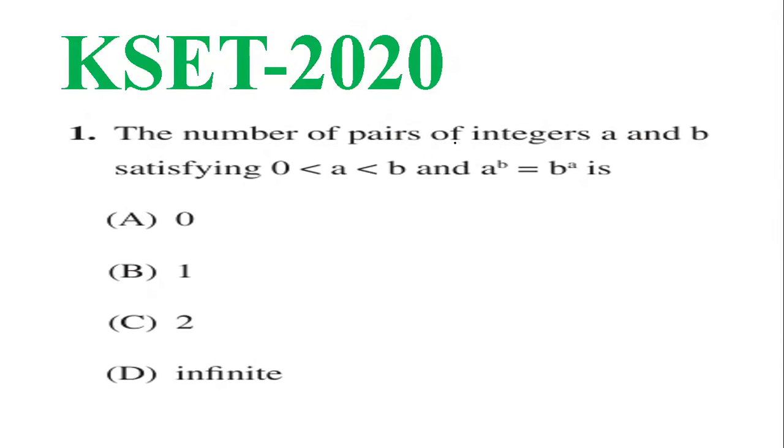The number of pairs of integers a and b satisfying 0 less than a less than b and a raised to b is equal to b raised to a is, this is based on f of x equal to x raised to 1 by x inequalities.